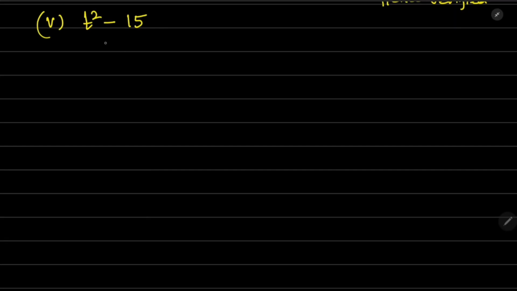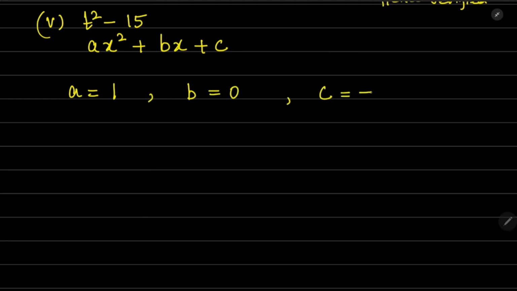The same way, let's compare it with the standard quadratic polynomial ax square plus bx plus c. So what is your a? A is 1. That is the coefficient of t square. What is b? You don't have a t term. So b is 0. And what is c? Minus 15.